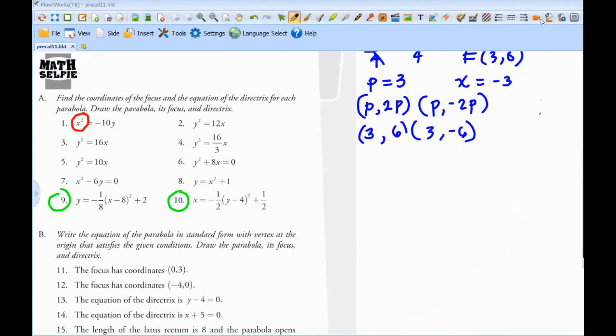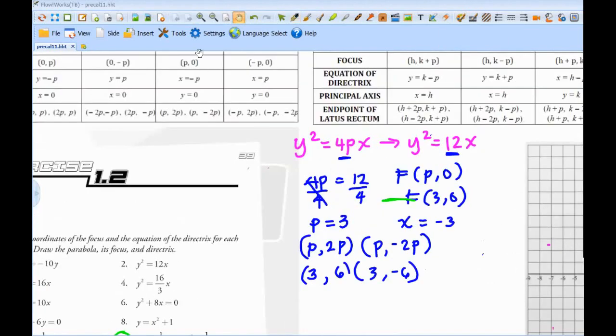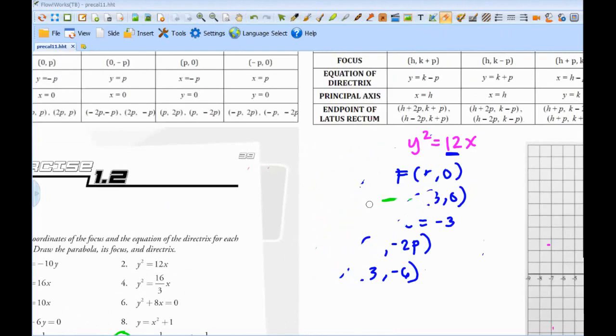Number 9, I'll write number 9 and I'll erase this first. So now we will be using the next cases from 5 to 8.